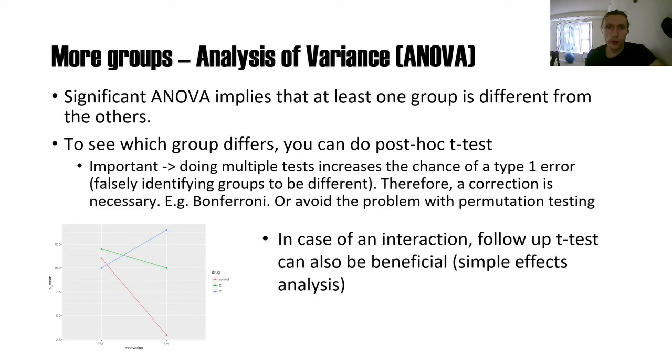So if you do 1,000 tests, then you wouldn't say something is significant at 0.05, but something would be significant if it's smaller than 0.000005. And that can be problematic, not only because that is just very rare, but also because you get a problem with a so-called type 2 error.